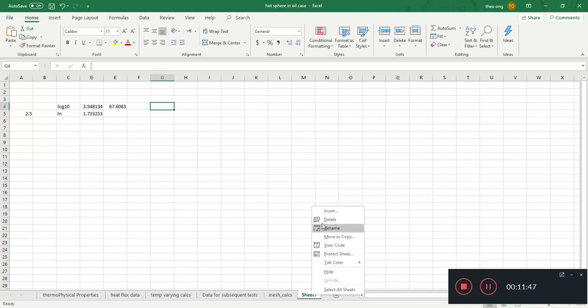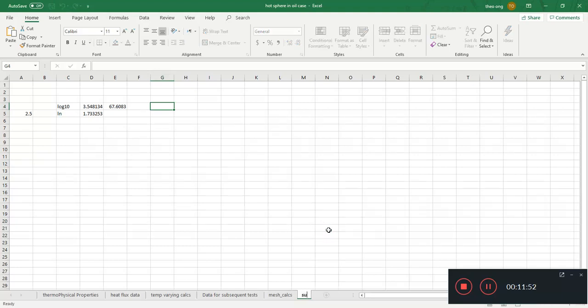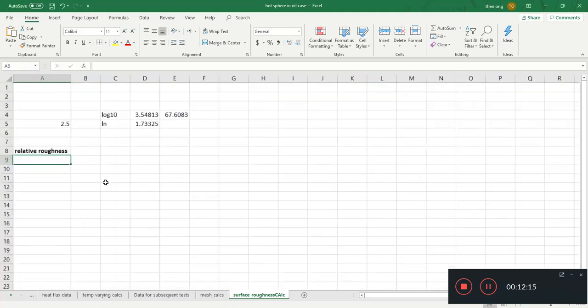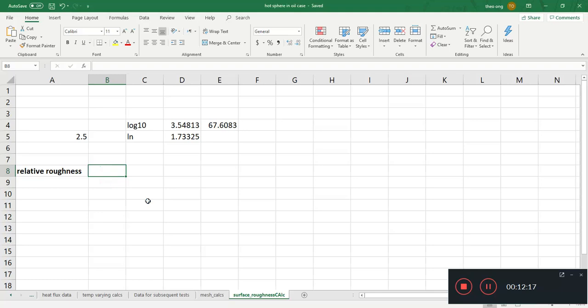I'll do a surface roughness calc. Now I'll put a relative roughness here. Ooh, I'm lagging. Okay, roughness. Alright, I have a relative roughness there, and what I have then is a friction factor in the Moody chart.